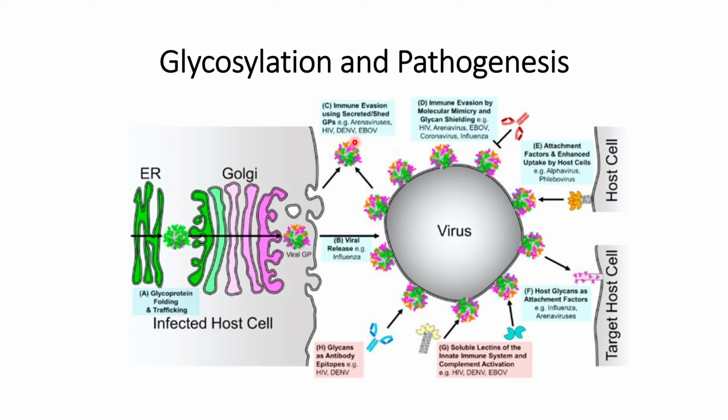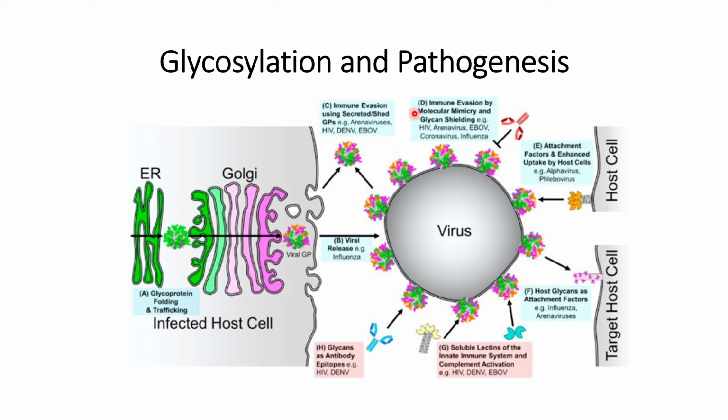If these glycoproteins are available by themselves, then the immune system might not be able to recognize whether this is part of the virus or belongs to the body. The immune system will not be able to differentiate, and this strategy has been used by viruses such as HIV, DENV, EBOV.